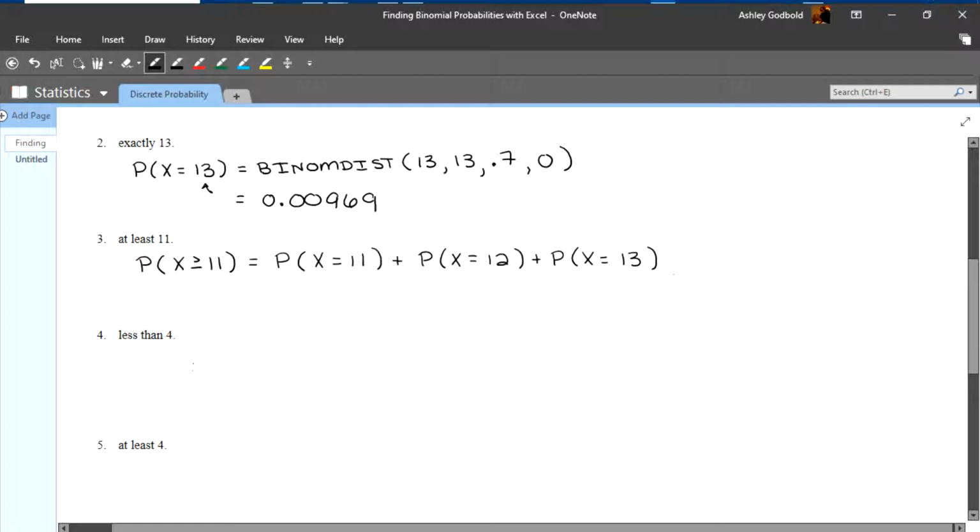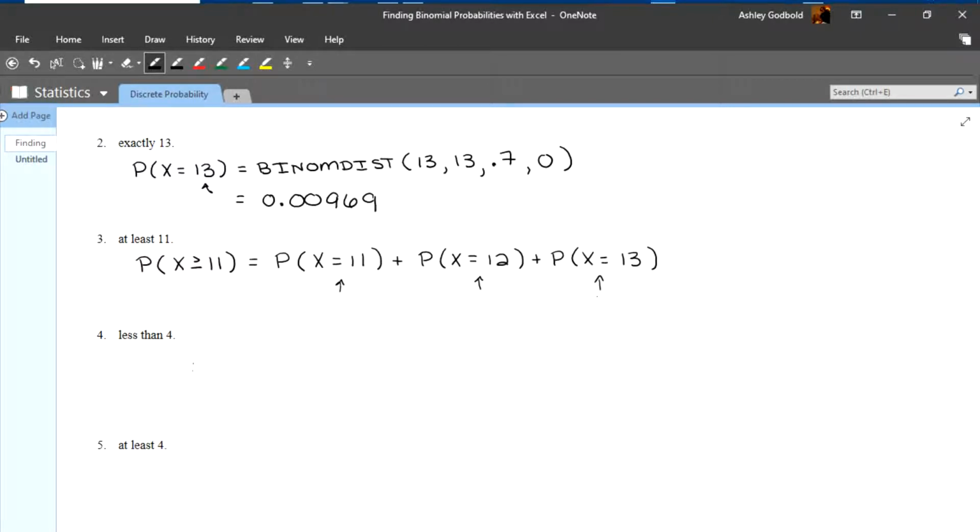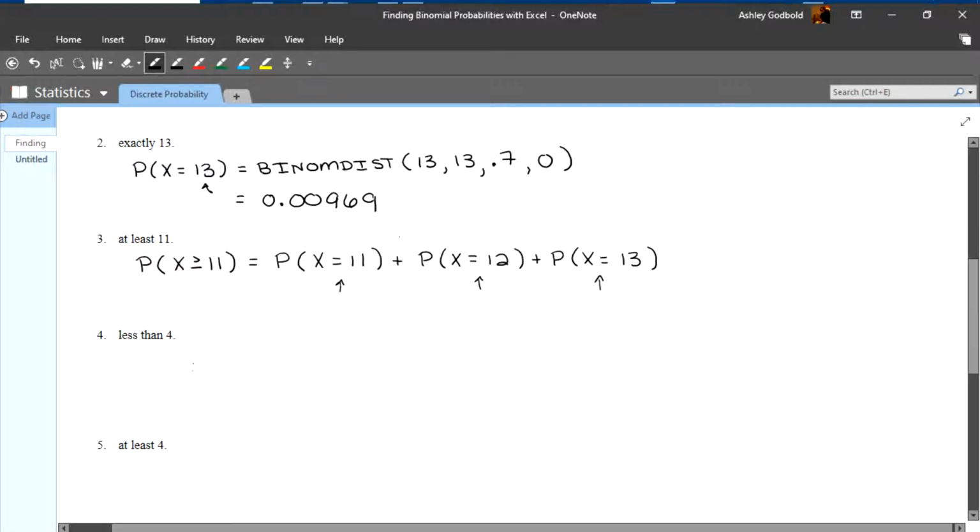So why are those two things equal to each other? Remember, this is a binomial distribution with a total of 13 trials. So for it to be greater than or equal to 11, it would have to be equal to 11, or 12, or 13. Now, I was emphasizing the word or when I said that. The reason I was emphasizing the word or is because in probability, you represent an or with a plus.